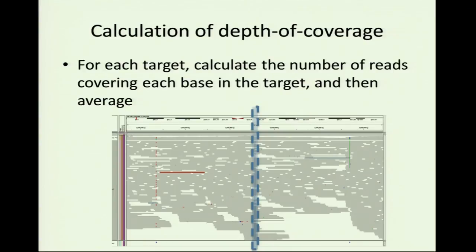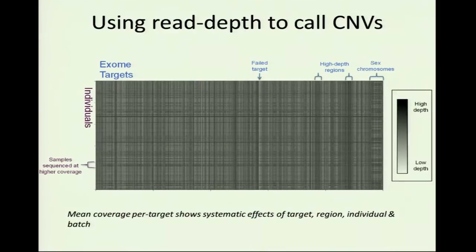And again, we'll talk about that in some of the details later on. But we'll count how many reads map to each position in the exon, and then average that. And then you get one number for that exon for that particular sample based on that sample's reads.